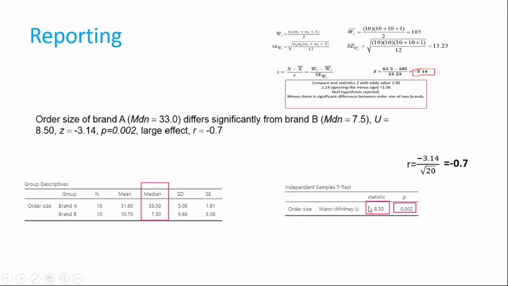U value is 8.50 and Z value is minus 3.14. P value is 0.002, and we can say there is a large effect, and the r value is minus 0.7. In this way, we can perform the Mann-Whitney U-test on our data set.